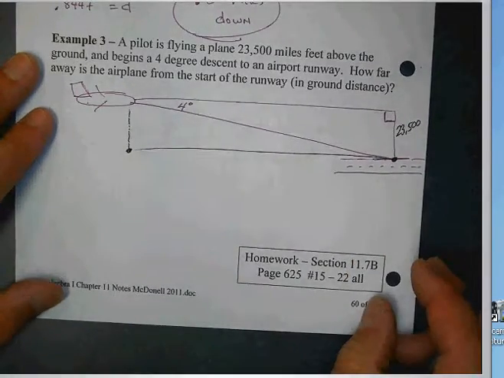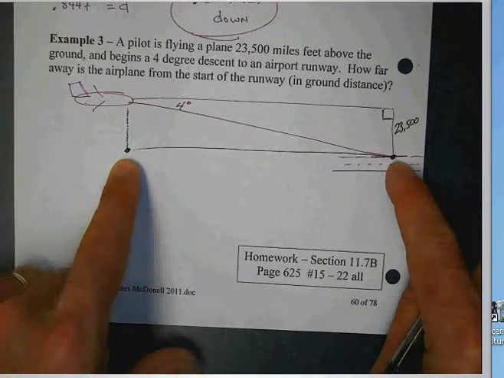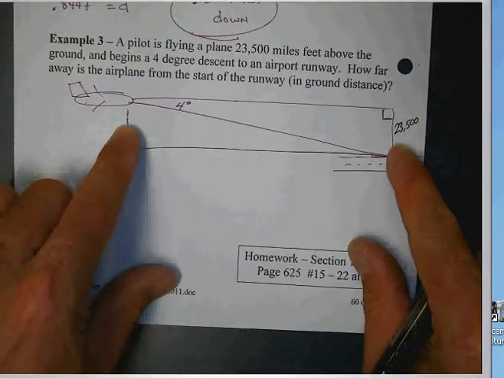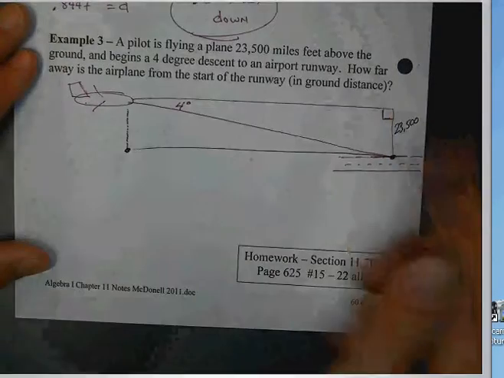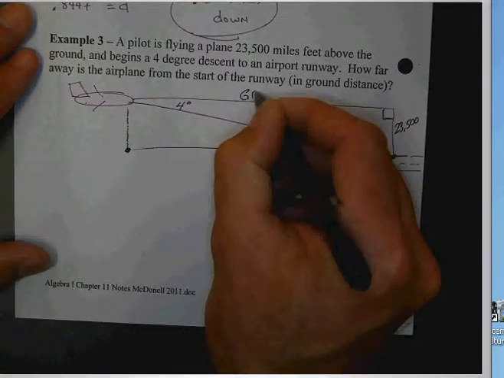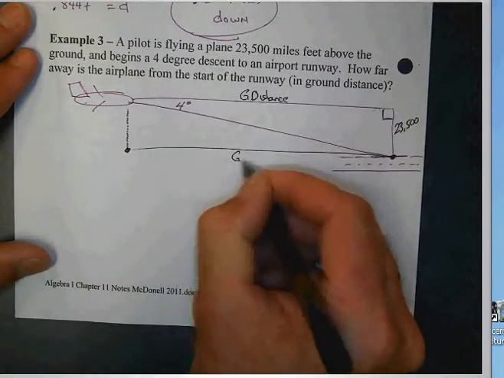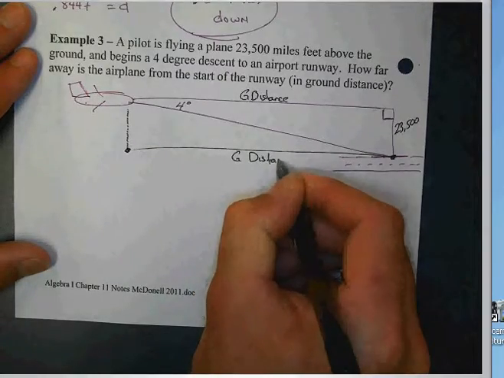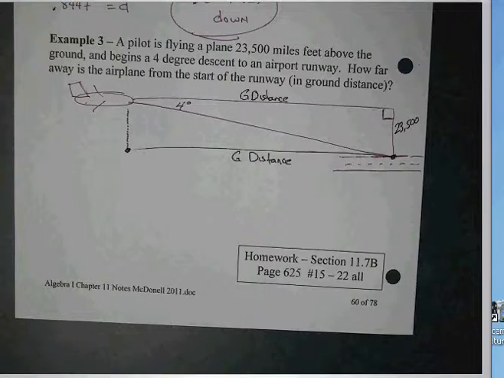Well, that distance there is the same as the top distance up in the air. So this up top could be called the ground distance. It's the same thing for both. You just have to realize that that triangle is actually a rectangle cut in half.